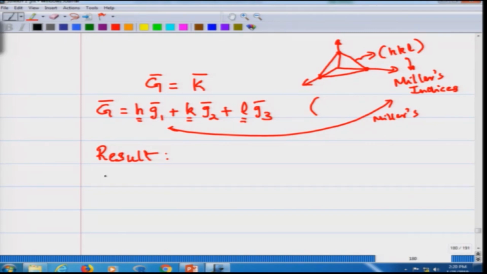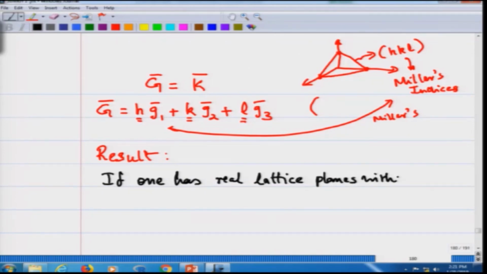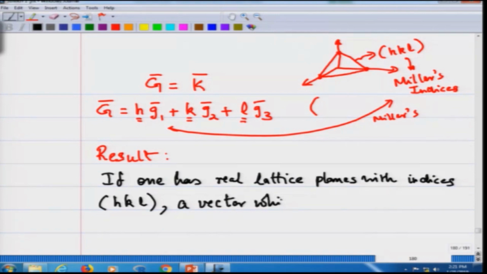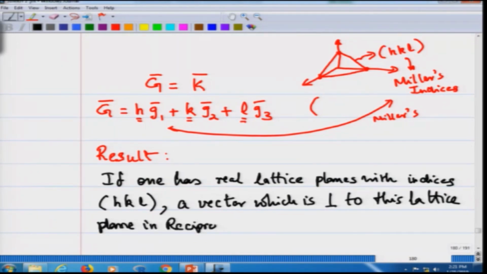The result says that if one has real lattice planes with indices H, K and L, a vector which is perpendicular to this lattice plane in reciprocal space is G, which is given by the same indices: H G1 plus K G2 plus L G3.